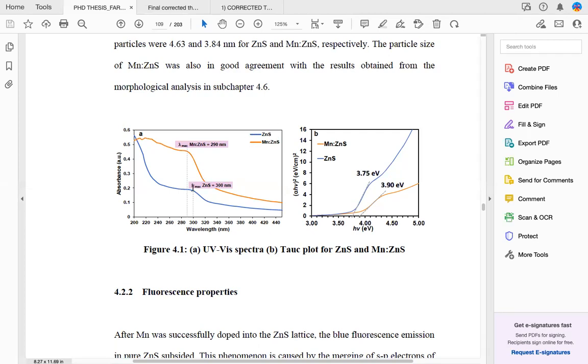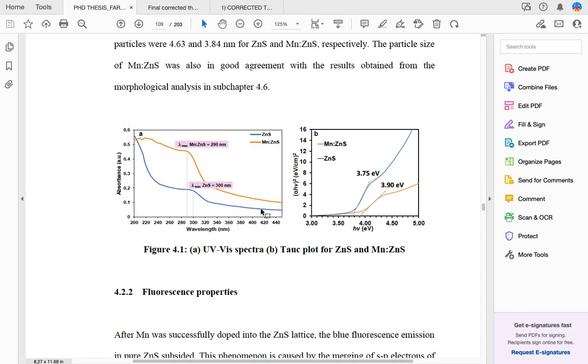The blue color is for the material zinc sulfide, and the orange color is for the second material, which is manganese zinc sulfide. And then the caption here, figure 4.1, A, UV-vis spectra.